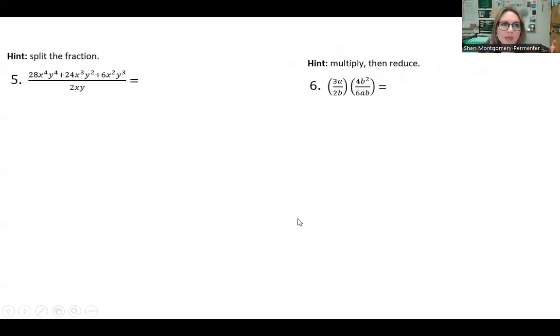On to the bottom of the page. Question number 5 is one of those ugly looking problems that looks scary, but anytime you have a fraction and it looks like that, we're going to rewrite it. So you just rewrite the top.